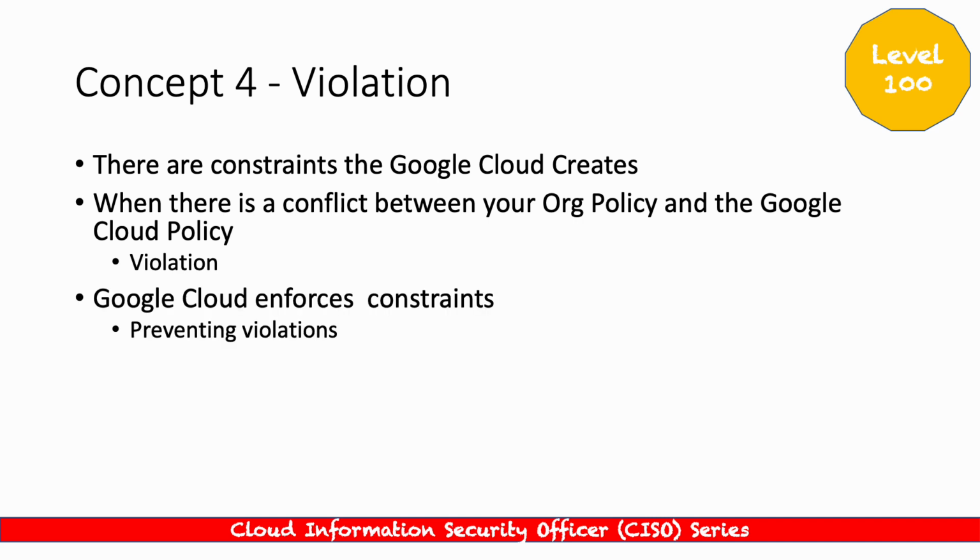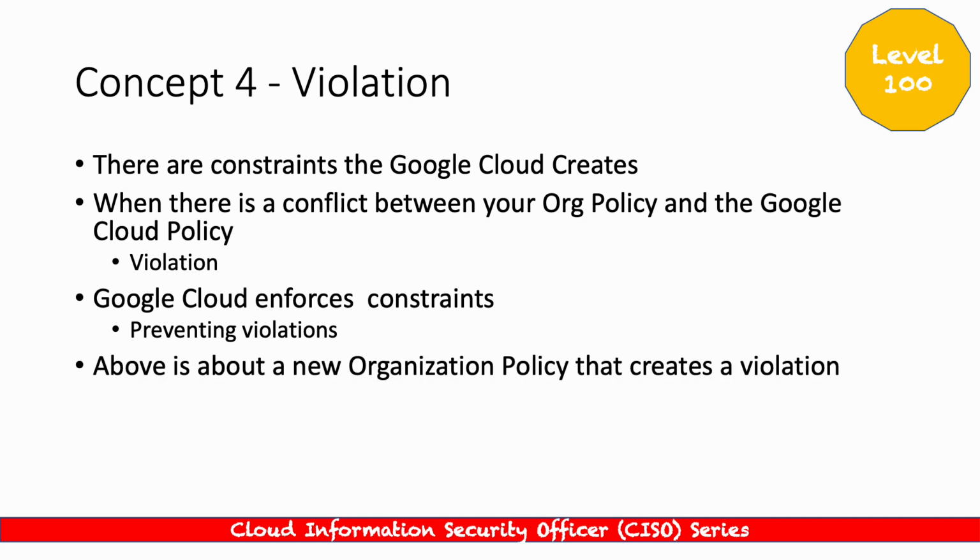And when Google Cloud enforces these constraints, what they're trying to do is prevent the violation, prevent something you're doing wrong on the Google Cloud platform. Now, the above scenario is about a new organization policy that you're creating that becomes a violation. Something you're not supposed to do contradicts Google Cloud. With something new in your deployment, Google Cloud instantly says, hey, you cannot do that. That's a violation. You're going to get shut down. It's as simple as that.